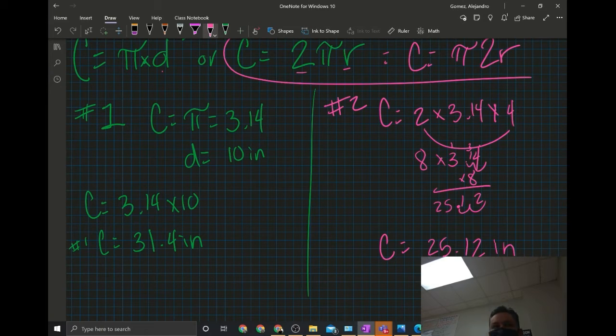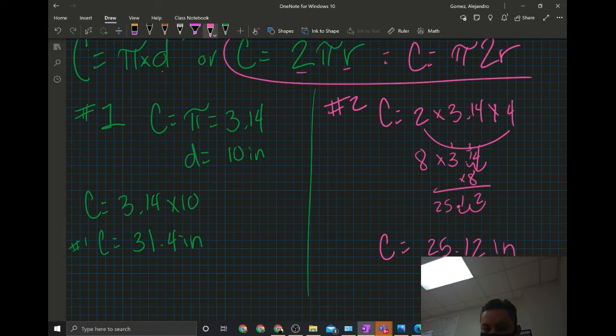Why would you need to find the circumference? Let's say you have a round table, and you're going to put an ornament around the edge, like a string or something like that. To find out how long that is, yardsticks don't bend, and tape measures get destroyed if you bend them.